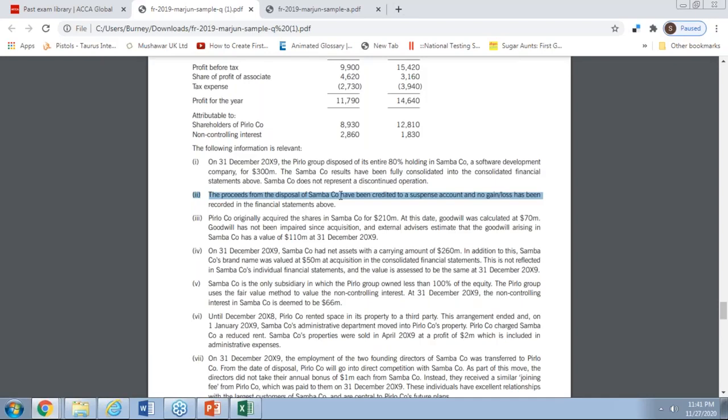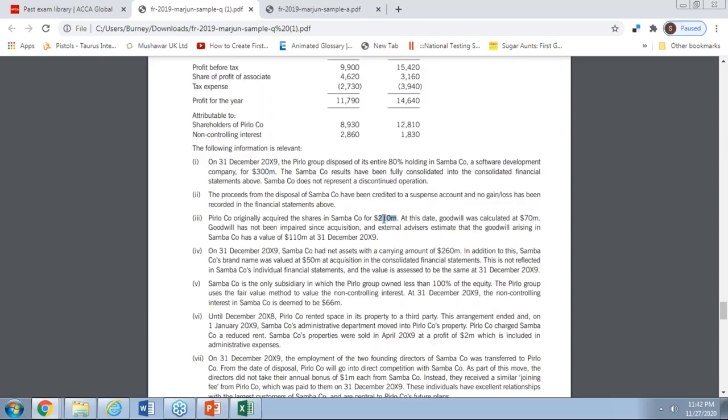The third point is that Pirlo originally acquired the shares in Simba for 210. At this date, the goodwill was calculated at 70 and the goodwill has not been impaired. First we need to calculate the gain or loss in the books of the parent company. So the parent company, which is the Pirlo Group, acquired 80% of the shares in Simba for 210 and disposed of them for 300.